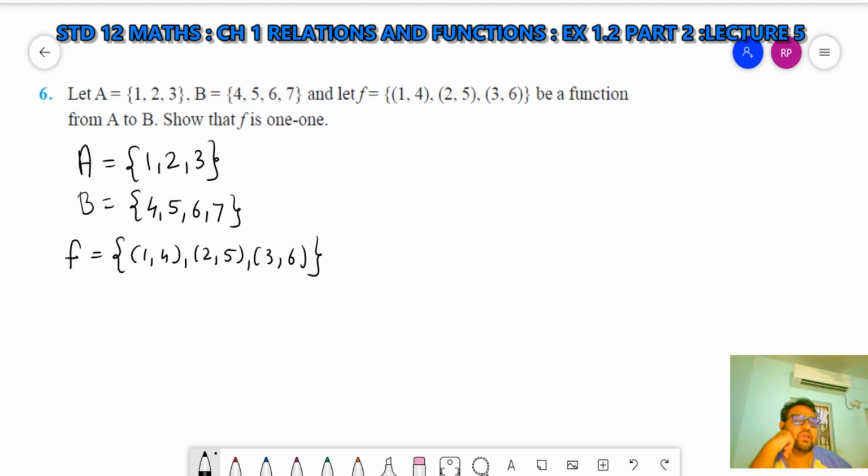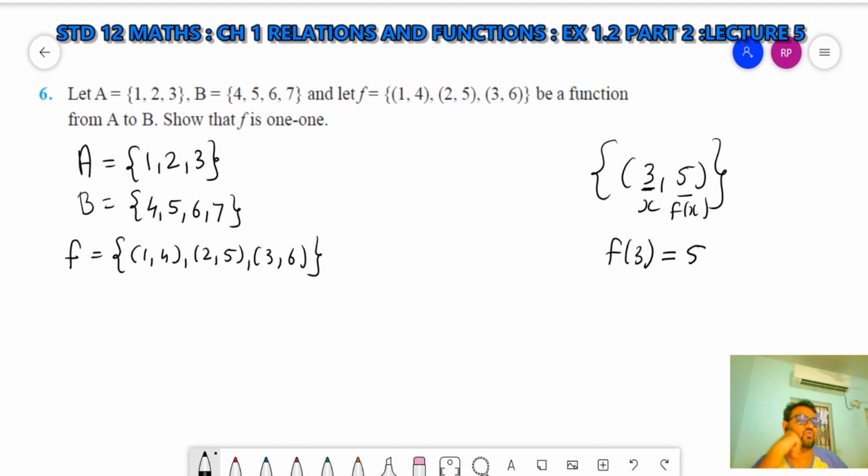Now see, whenever we write an ordered pair like this in a function, like (3, 5), what does this mean? If this is x, then this is f of x. It means f of 3 equals 5. Clear? When an ordered pair is written this way, it means this. When you draw the graph, this is the x coordinate and this is the y coordinate, that is f(x).